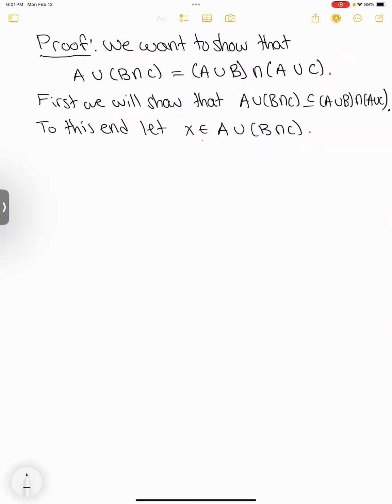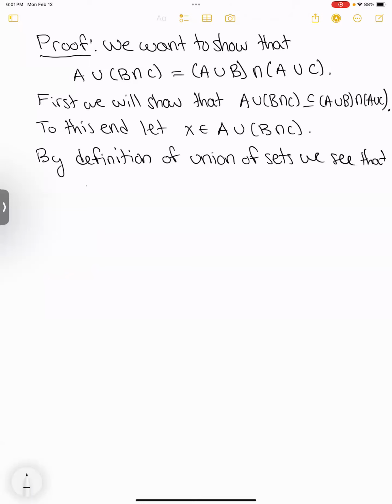Okay, now in this quantity, we're going to unpack definitions. The first definition to unpack is the union, right? That's the outermost operation. So by definition of union of sets, we see that X must be in A. Sorry, I wrote the wrong thing, not and.